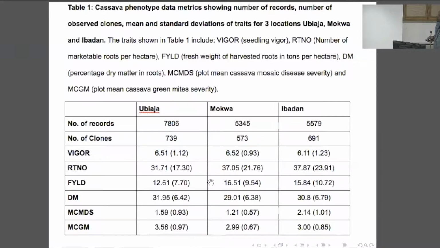So our targets are these 6 traits: seedling vigor, number of roots per hectare, fresh yield per hectare, dry matter, of course, and then mean CMD. This is a very critical trait for cassava, and then mean CGM, which is a pest that eats up the stake in cassava. I don't really know very much about it.